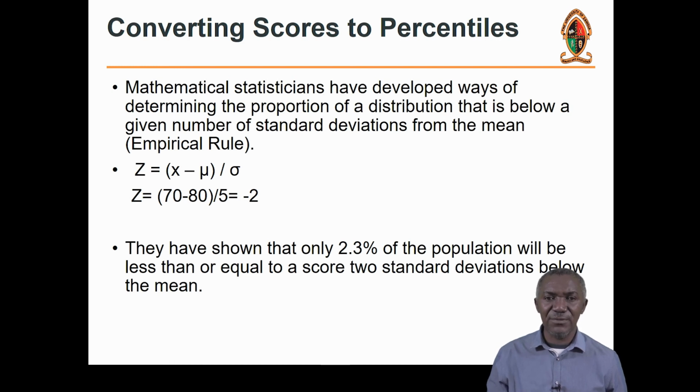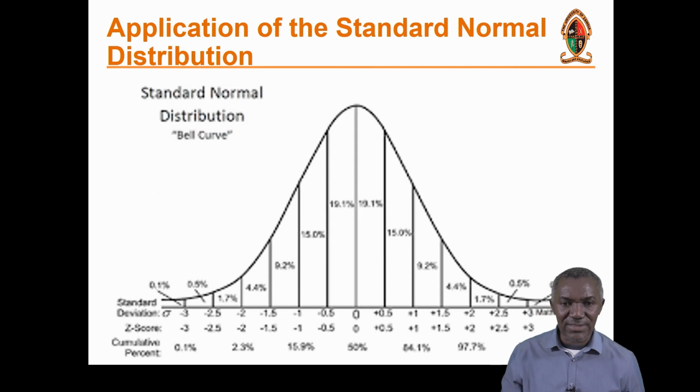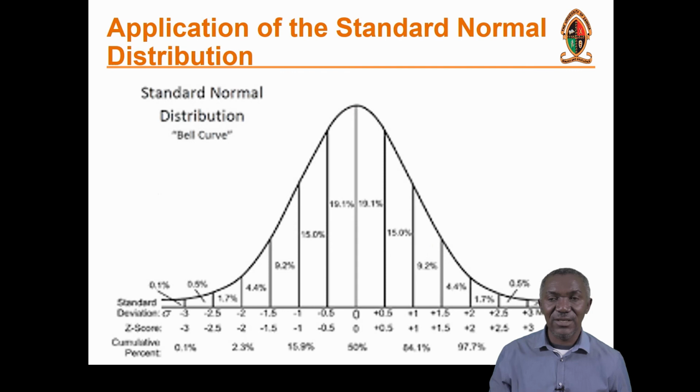So what is the percentile rank on which this particular observation falls? Let me go back to the slide. Yeah, so what we found is that this particular goat lies 2 standard deviations below the mean.